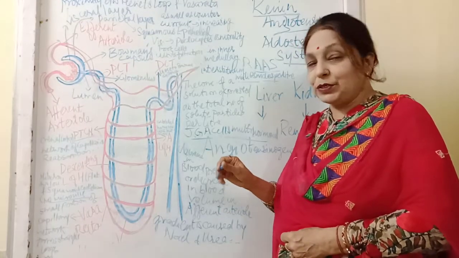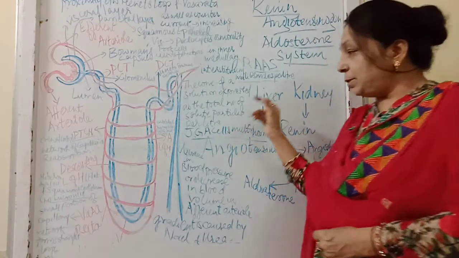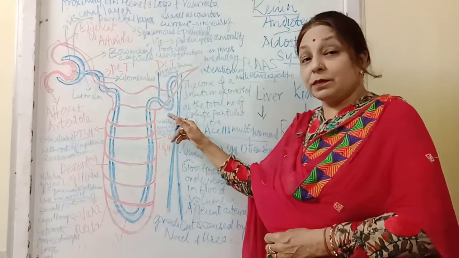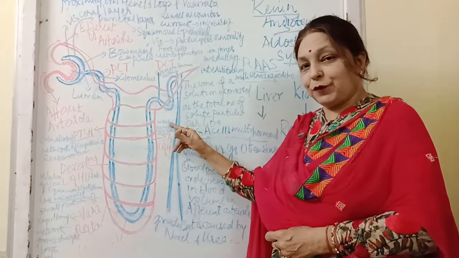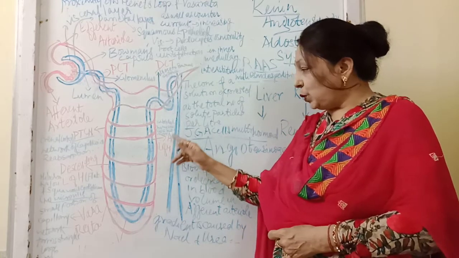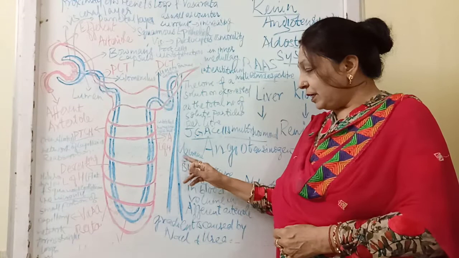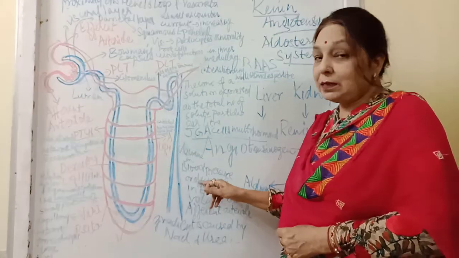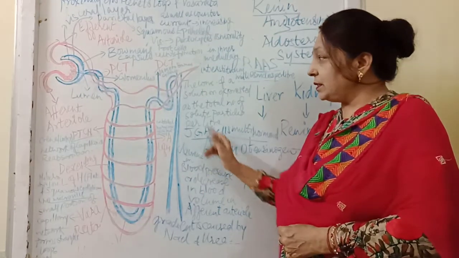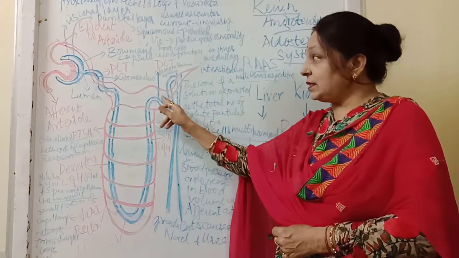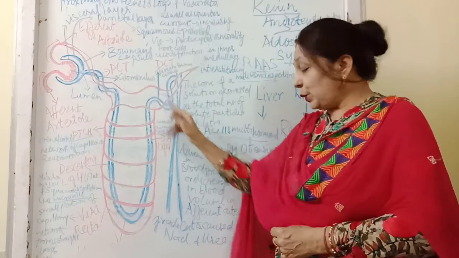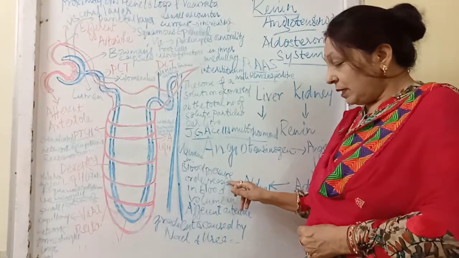This aldosterone increases the permeability to NaCl, so more and more NaCl enters, and therefore the blood pressure is raised. It increases the permeability here in the DCT, and therefore the blood pressure is increased.